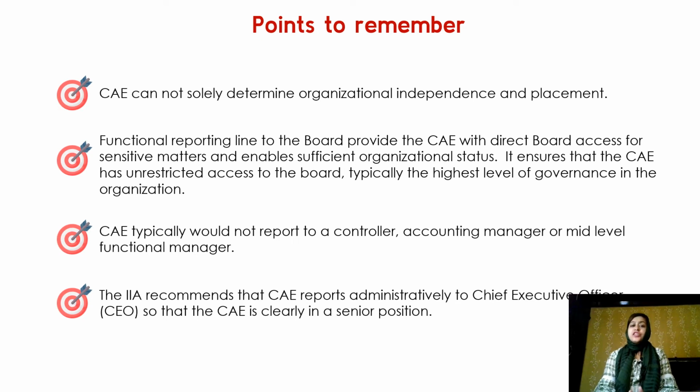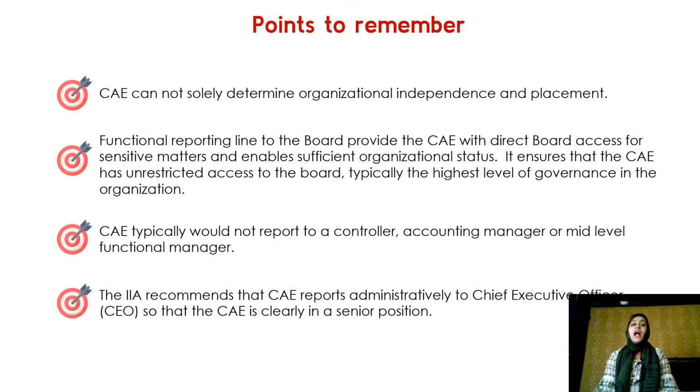It is the functional reporting line which provides the Chief Audit Executive direct access to the board, where he or she can discuss sensitive matters, and it also enables sufficient organizational status. It also ensures that the Chief Audit Executive has unrestricted access to the board, typically the highest level of governance in the organization.